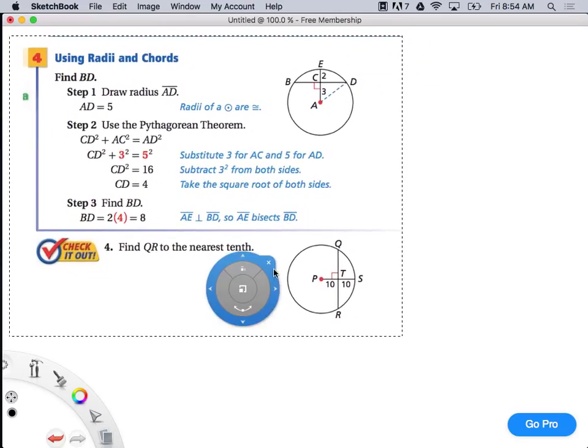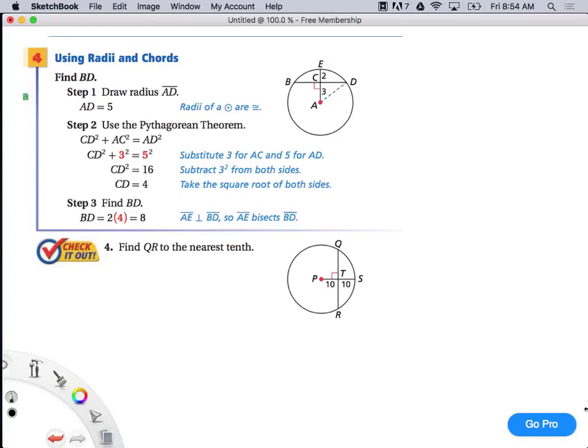What this says is that if I have a chord and it's perpendicular to a radius, then this radius bisects the chord, you see? So it splits it in half. Does that make sense?